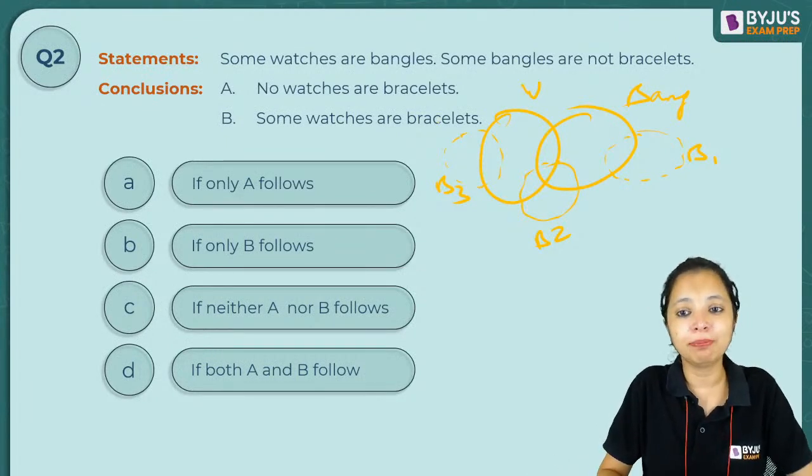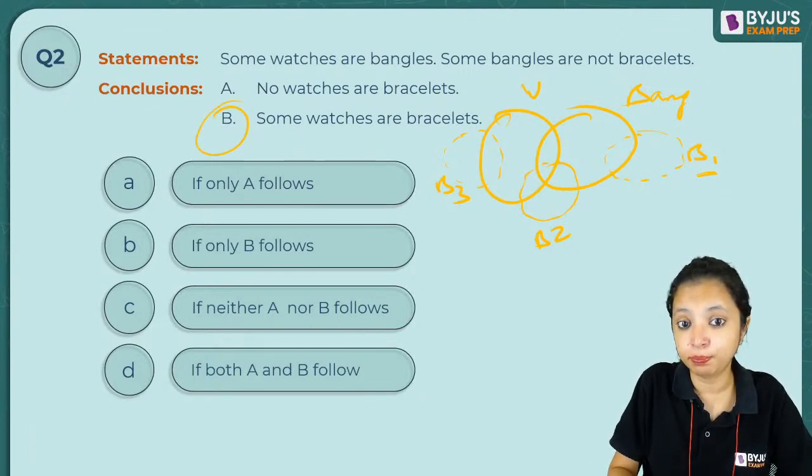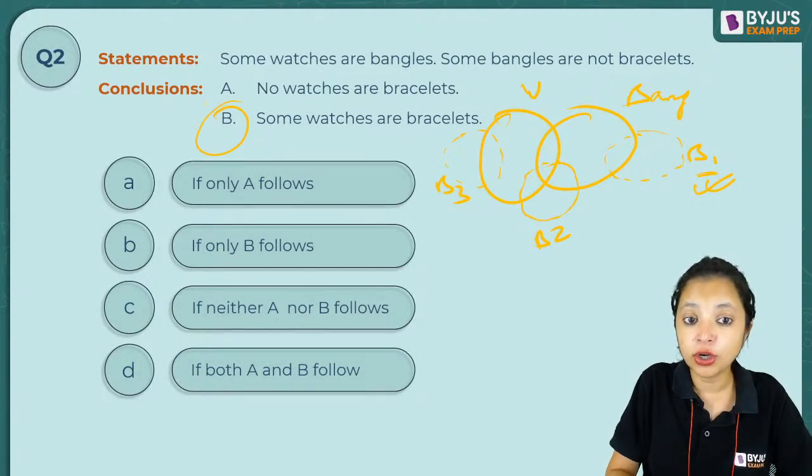Some watches are bracelets is not correct with B1. Look at statement number 2. Some watches are bracelets is not correct with the bracelet 1 diagram. That's incorrect, so 2 will not be a valid conclusion. A says no watches are bracelets.